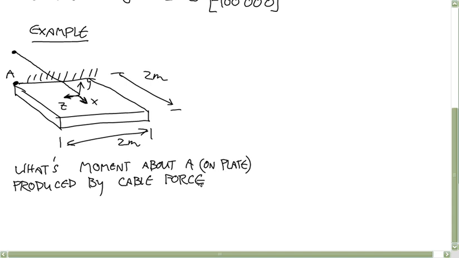We don't know what the tension in that cable is, but for now, we're going to assume that the cable tension just has a value of T. So we're just going to use a variable to represent it.